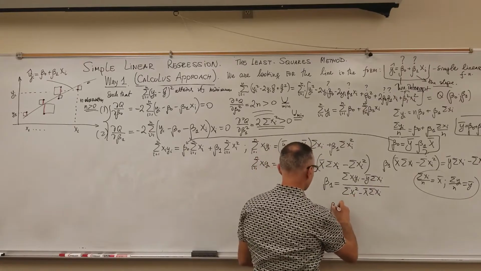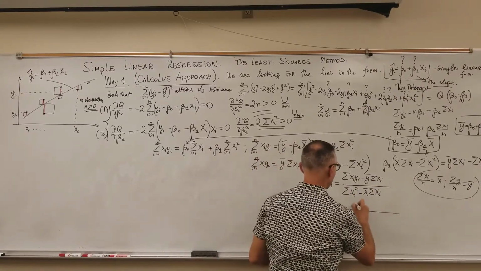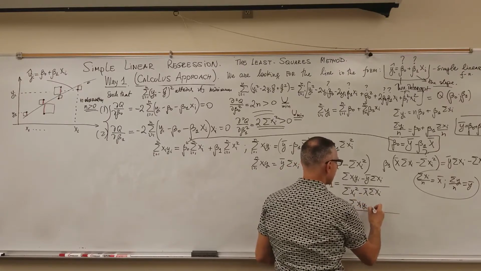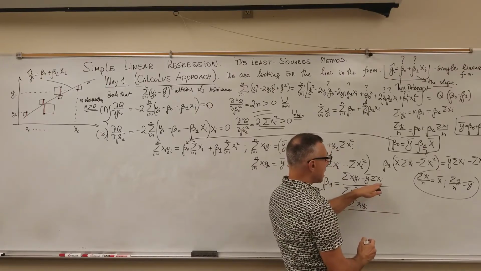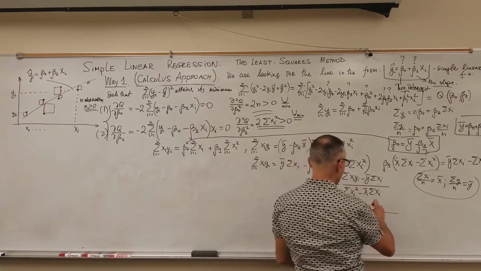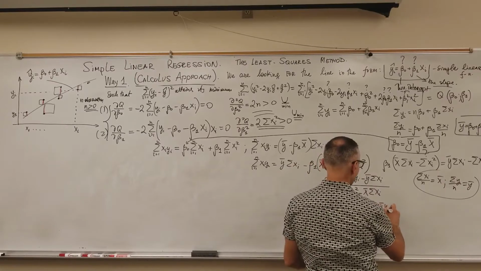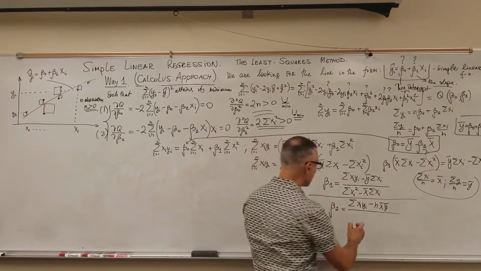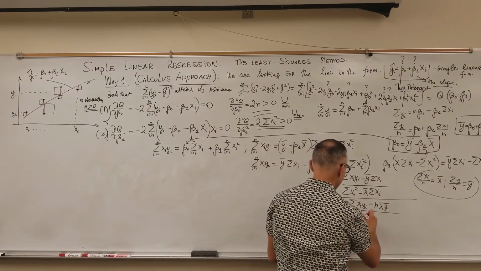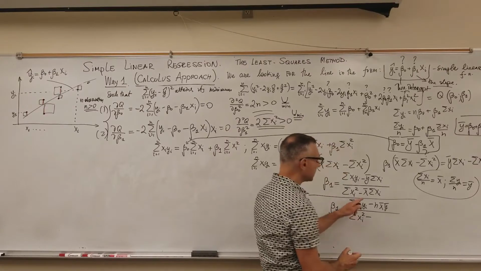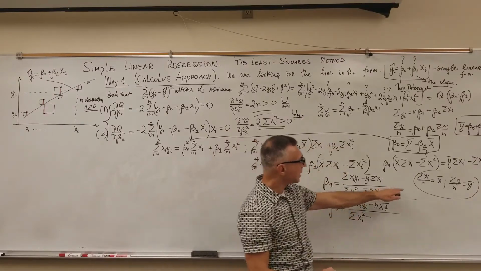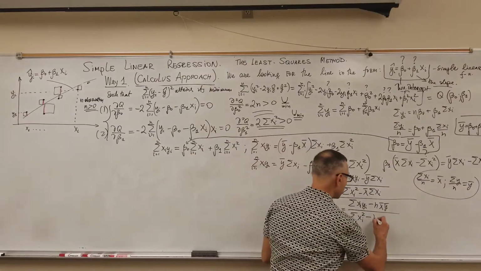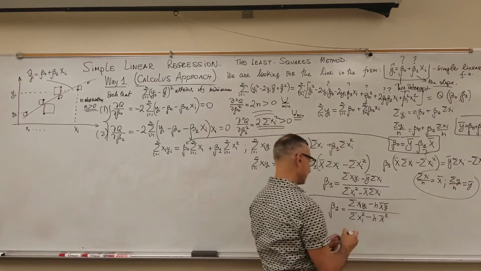So you can write beta 1 is equal to the fraction: the summation of xi yi minus n x bar y bar is my numerator, and my denominator will be the summation of xi squared minus, again, the summation of xi's is n x bar, times another x bar, so n x bar squared.